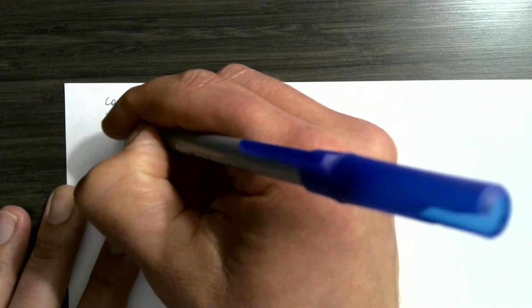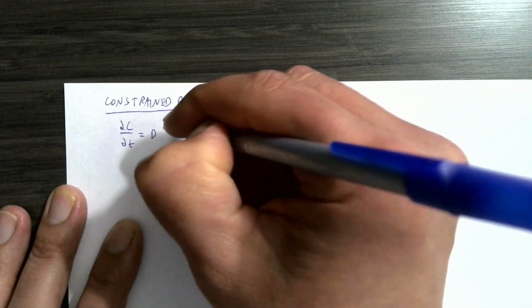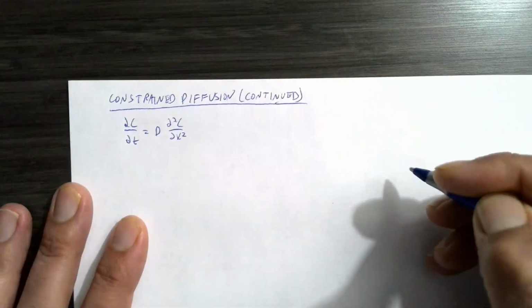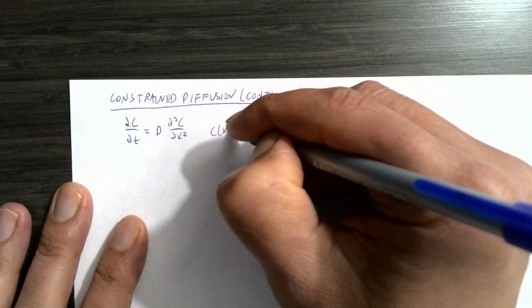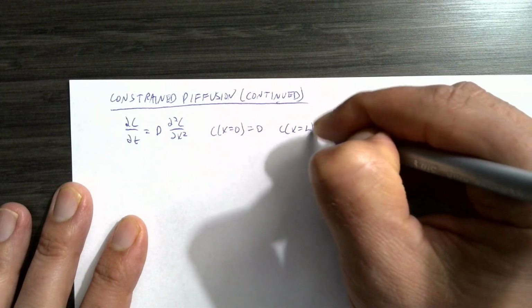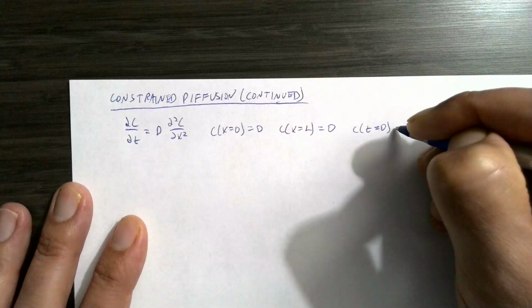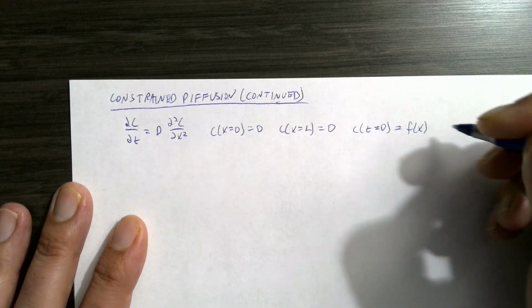So we said our model problem again was dc by dt equals d squared c by dx squared. And then c at x equals 0 is 0, c at x equals L is equal to 0, and then c at t equals 0 is some function f of x.